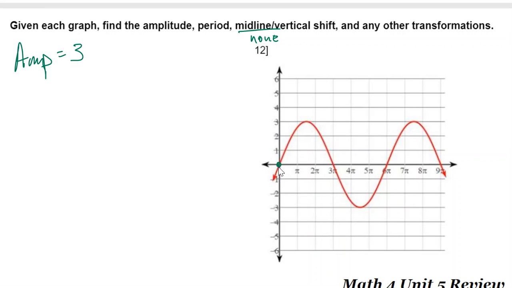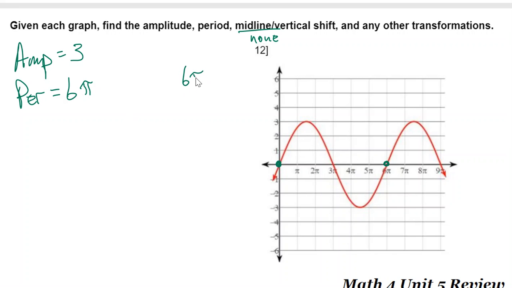My period, I started here, I went up and down and back up again. My period is 6 pi. And there was no vertical shift, there was no other transformation, so that's pretty much it.